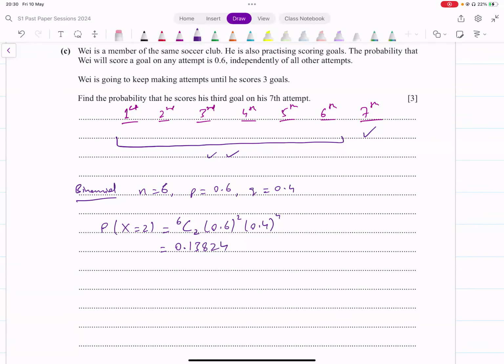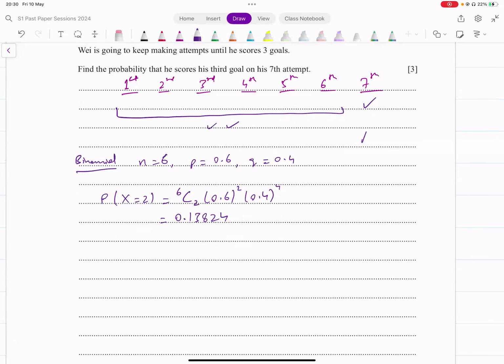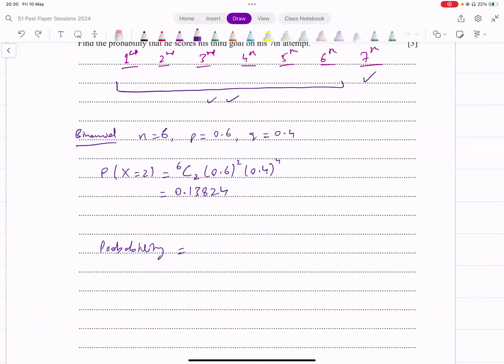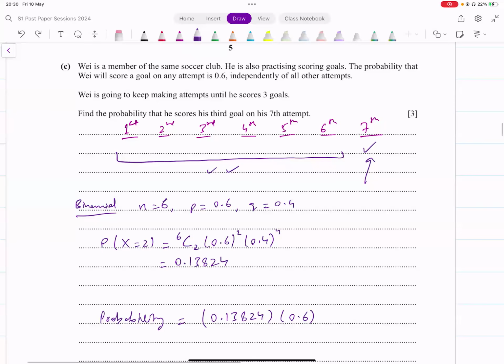And then after this, you want the 7th attempt to be successful as well. So what's the required probability then? You've got 2 successes in the first 6 already. You would say 0.13824 multiplied by 0.6 for a success in the 7th attempt as well.